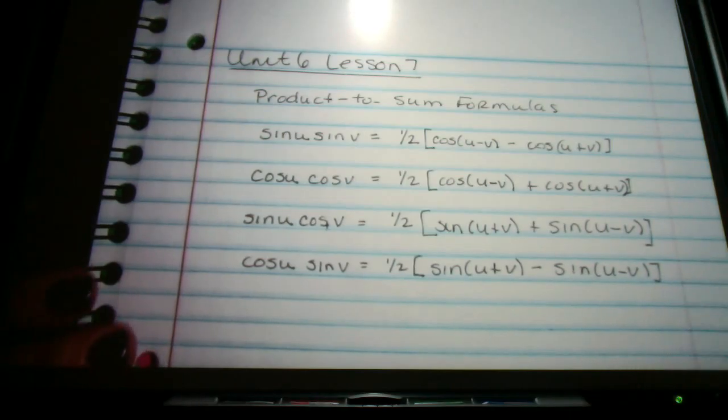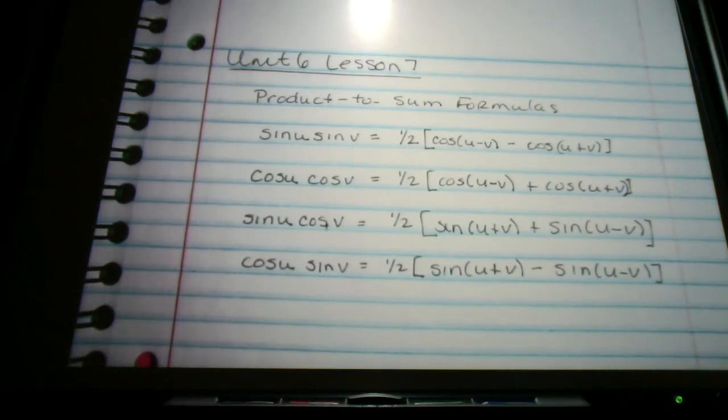Wouldn't that be the same thing? I'm going to look that up.